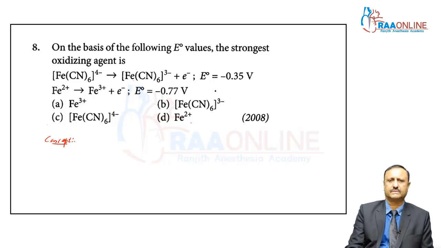When you have Fe plus 3, it means a reduction potential, where an electron is added. The strongest oxidizing agent is the one with the maximum positive value of reduction potential.